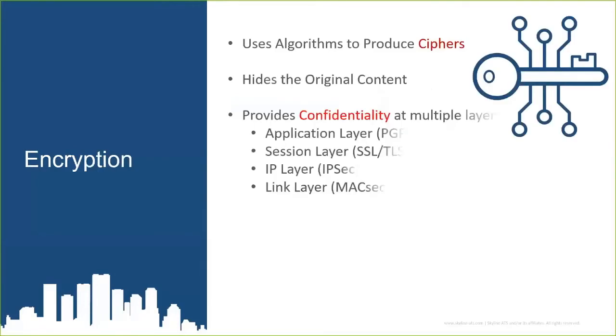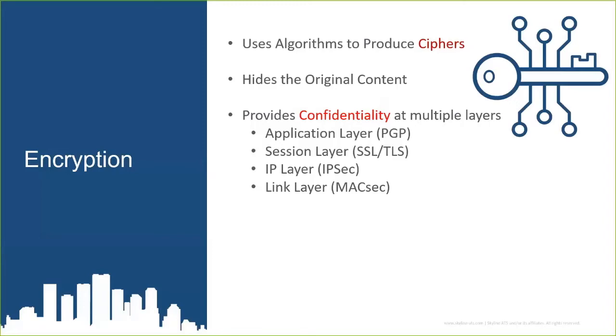Encryption, by contrast, provides our confidentiality, and it provides it in a number of different ways. At the application layer, Pretty Good Privacy for encrypting email messages is one use case of confidentiality. At the session layer, SSL and TLS for encrypting website contents, etc., is used. At the IP layer, we have IPSec, and we'll talk in pretty good detail about IPSec.